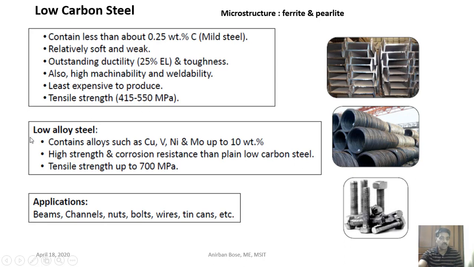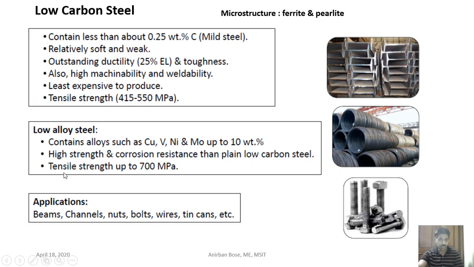Whereas in this category, if it is a low alloy steel, that means high strength low alloy steel, it basically contains alloying elements like copper, vanadium, nickel, molybdenum up to 10%, because it's a low alloy steel, but it is under low carbon steel. High strength and corrosion resistance than plain low carbon steels.